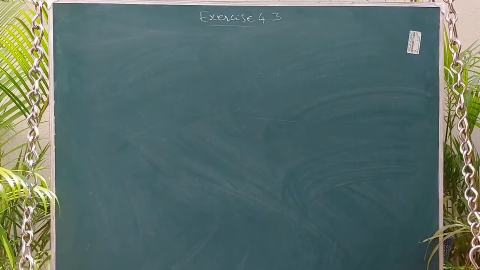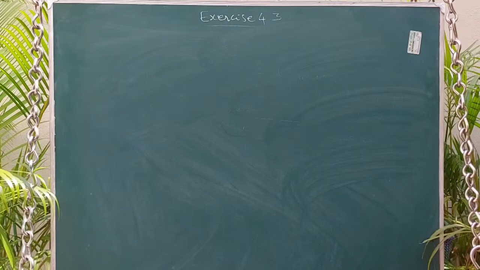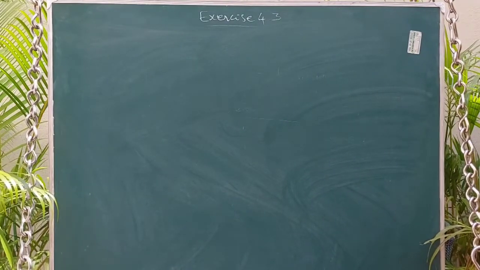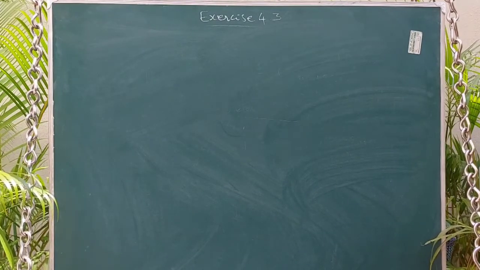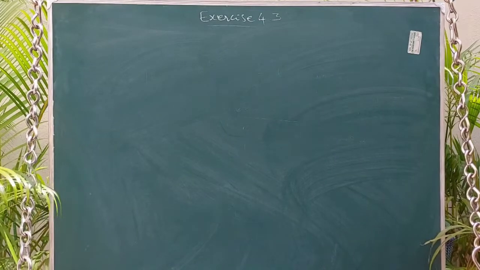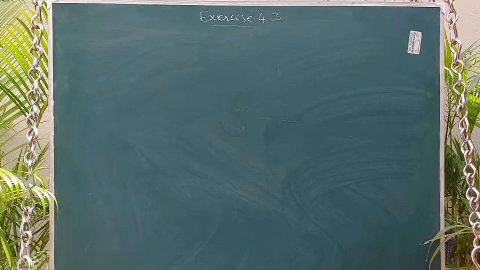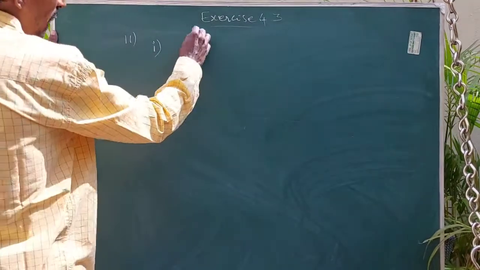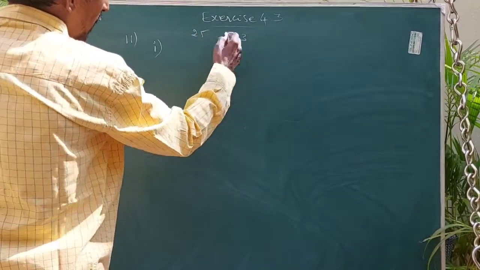Now question number 11 is, a trust has 25 members. In how many ways can 3 officers be selected? First subdivision. Second subdivision, in how many ways can a president, vice president and a secretary be selected? So my dear student, listen. Totally there are 25 members. In how many ways 3 officers can be selected means there are a total of 25, we are selecting 3.